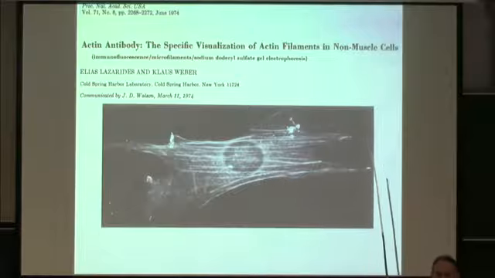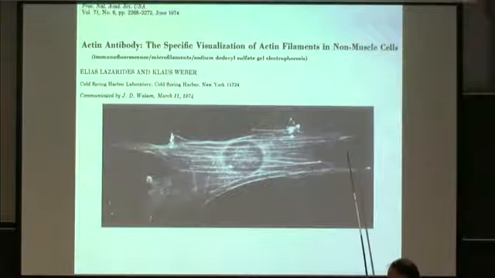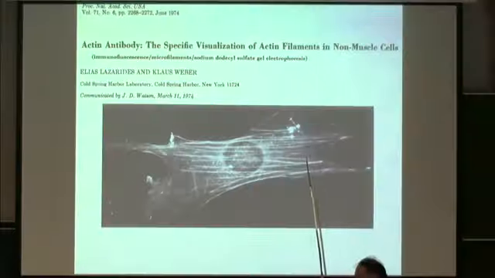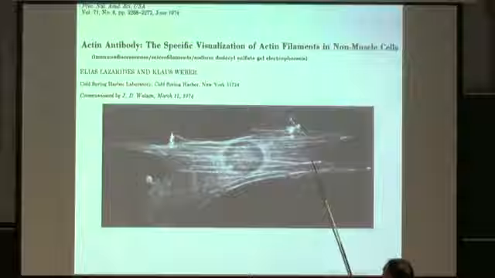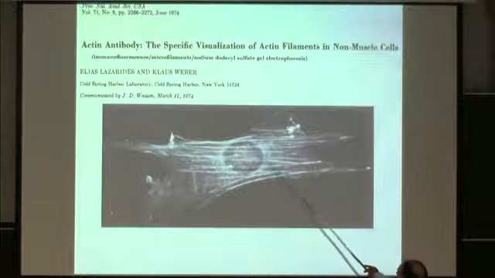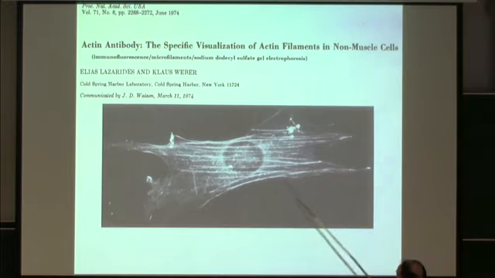This was found in many cell types, which suggests that not only in the muscle but in all our cells you have a lot of actin, and this actin is really organized into very ordered structures.